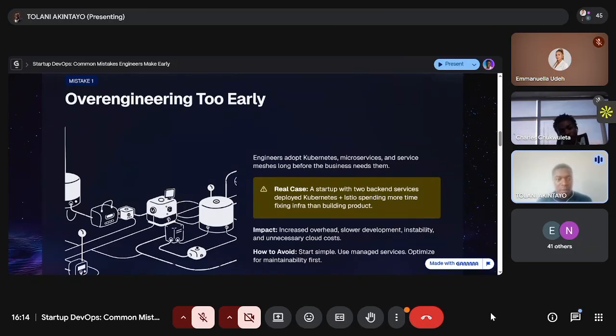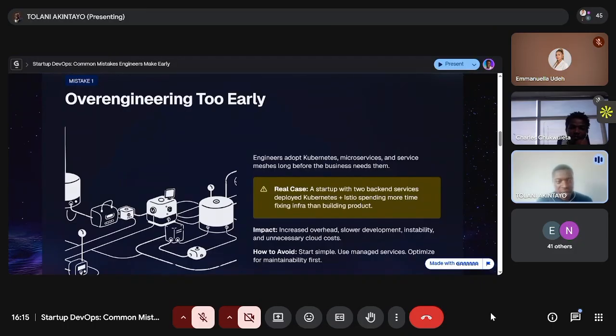So in a startup environment, like I said, if you are just at pre-launch, whereby you've never validated your product enough for you to think that this is what the users want or what they would love, and we can keep building and adding more things, at that time, just use an EC2 or use a VPS from a lot of these providers, and you are good to go, right? You can use even the free tier, the free options, and things like that. Using things like Kubernetes, you don't have business with it.